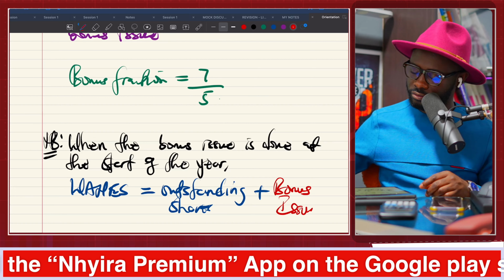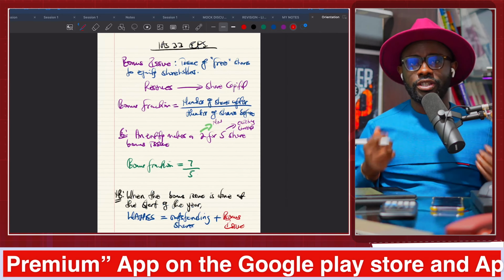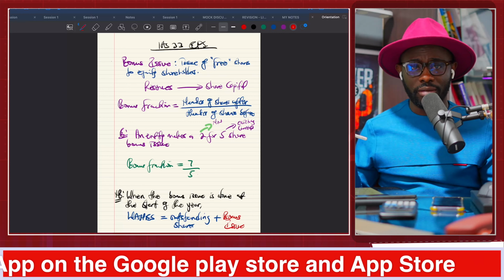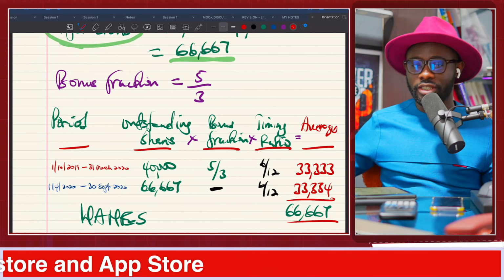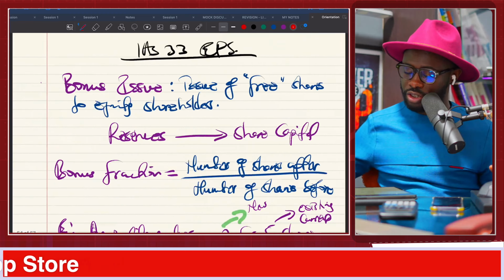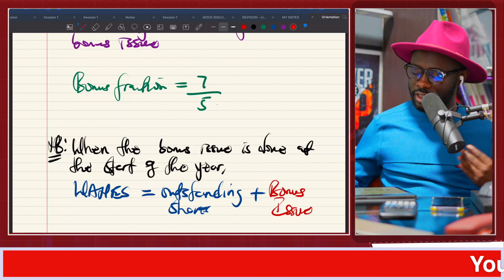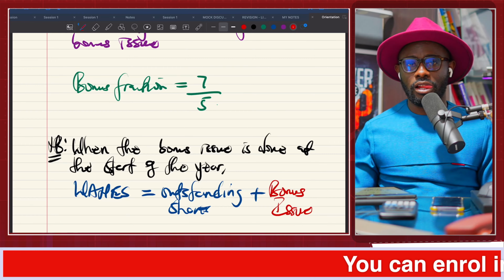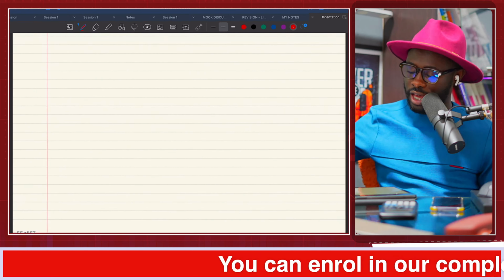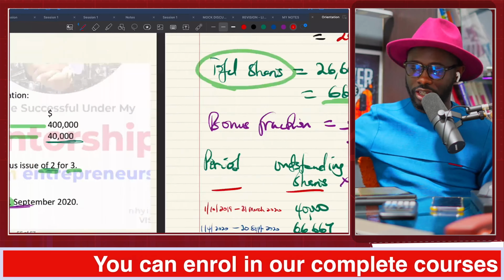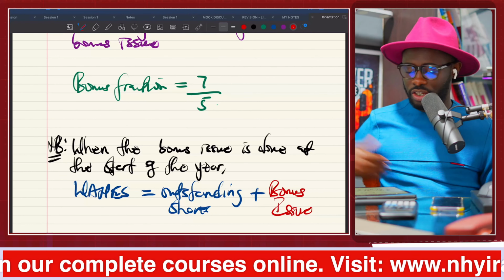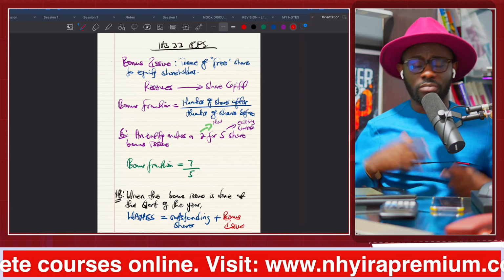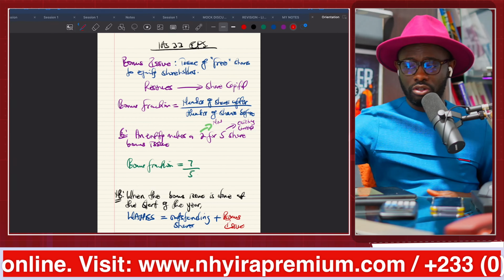That's all. So if the bonus issue was done at the beginning of the year, no problem. You don't have to do any timing ratio, because we are usually assuming that it is occurring at the beginning of the year. And as we move ahead and solve some questions, you're going to see how this actually plays out. But that is all about the bonus issue.